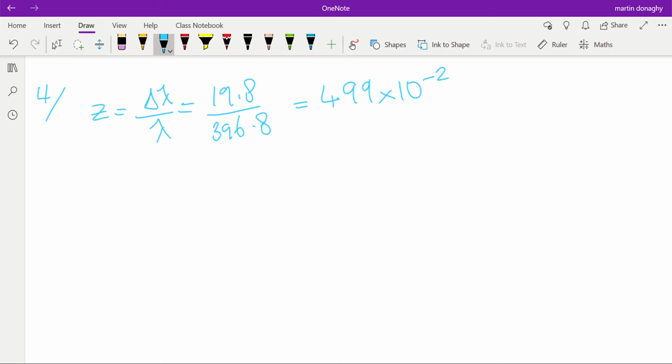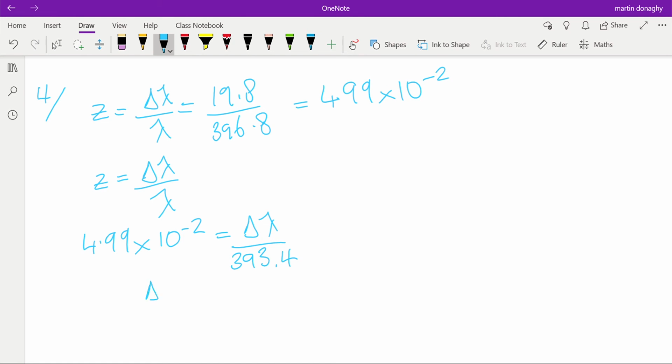What we can then do is we can work out this for the K line. So we do the same thing. Z equals delta lambda divided by lambda. We put in our values. So the Z parameter will be the same for the H line as the K line. We'll work out our delta lambda, but this time the K line is at 393.4 nanometers, multiplying across.